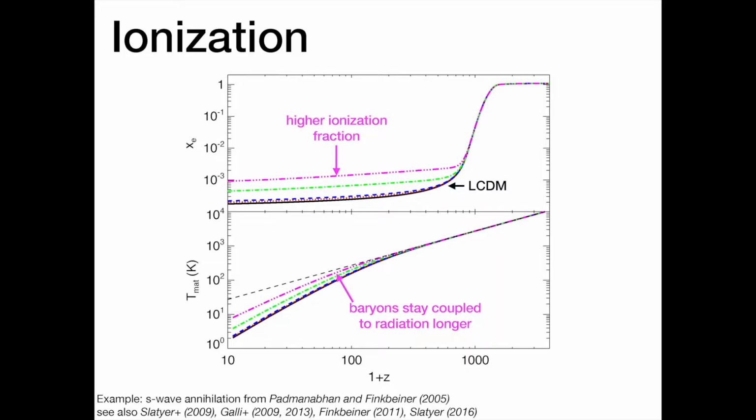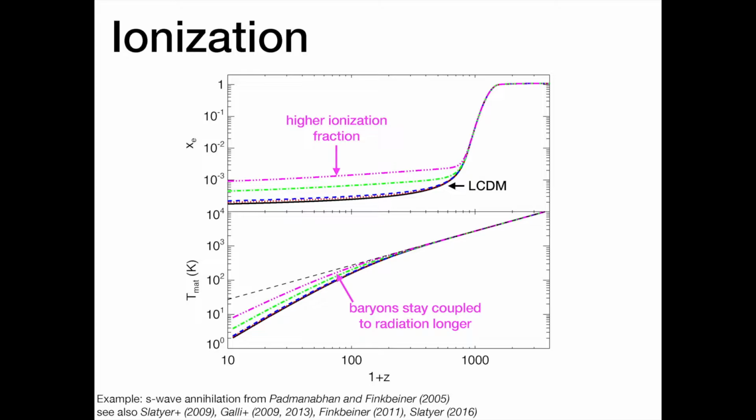So after recombination, we can look at instead the anisotropies and how the anisotropies are affected through energy injection post-recombination. So after recombination, here our black line is lambda CDM showing the ionization fraction versus redshift. And if you inject energy after recombination, you're essentially increasing the optical depth of the photon.